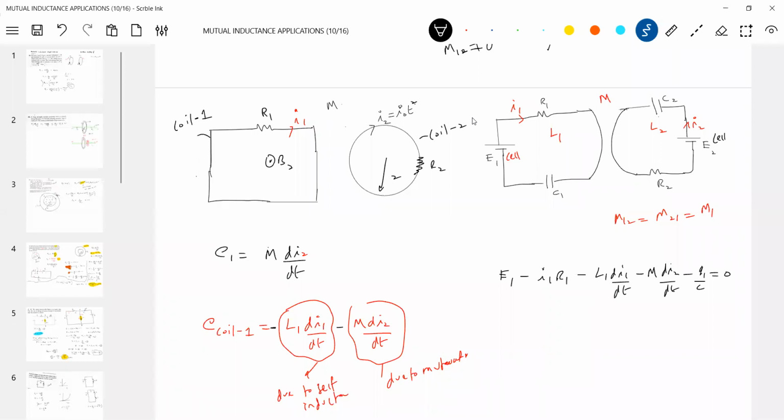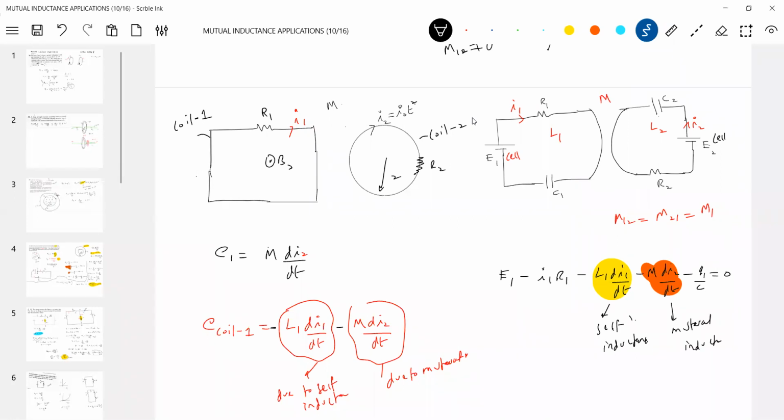From where has this quantity come? Due to self-inductance. What about this quantity? Due to mutual inductance. I'm trying to drag you to a concept where we need to think like this: this EMF is due to mutual inductance.